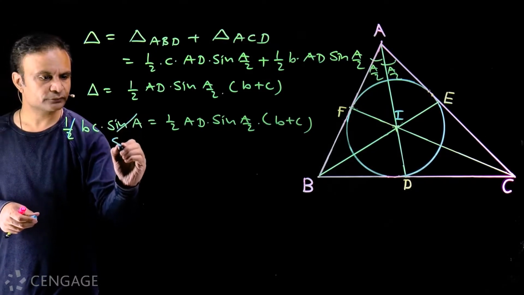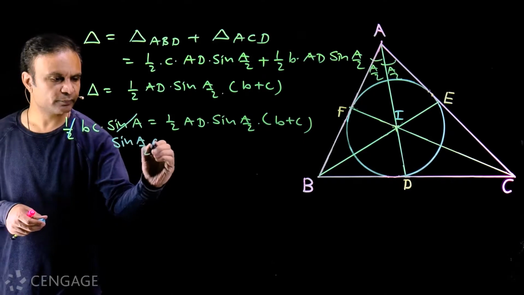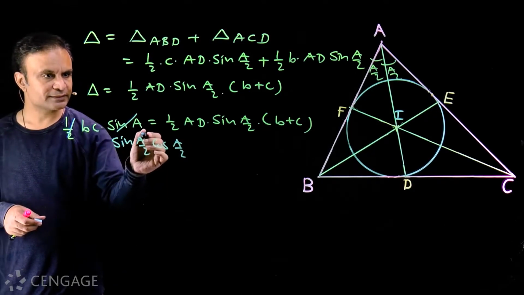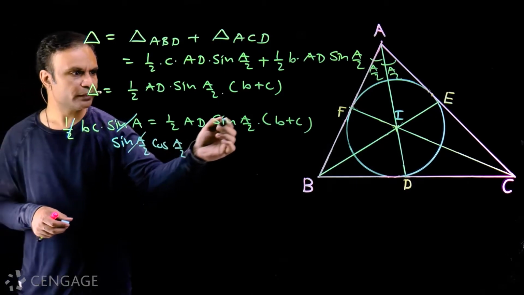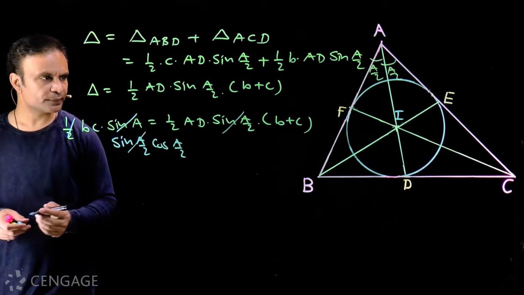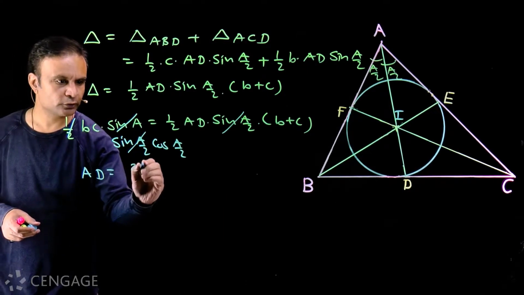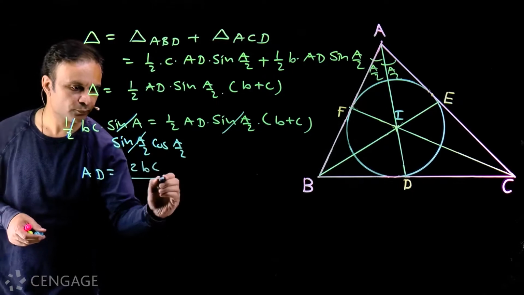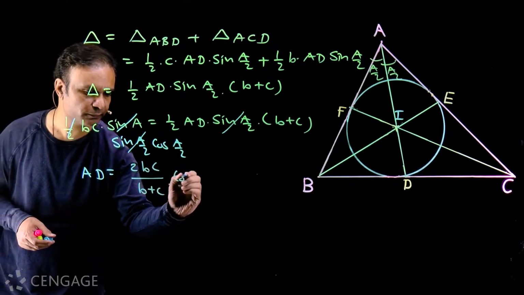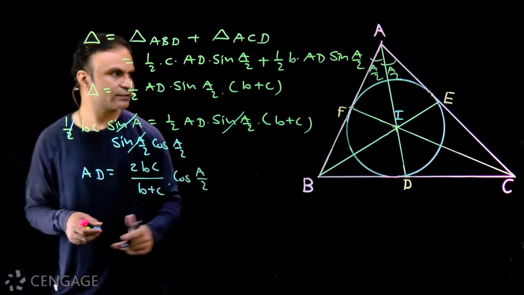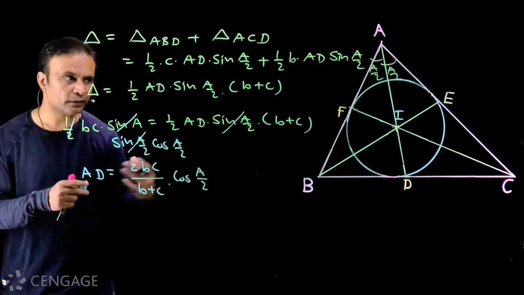So we have here sine A by 2 cos A by 2; 2 gets cancelled out from both sides, and sine A by 2 gets cancelled out. So we have AD is equal to 2bc upon (b plus c) multiplied by cos A by 2. This is the length of the internal angle bisector AD.